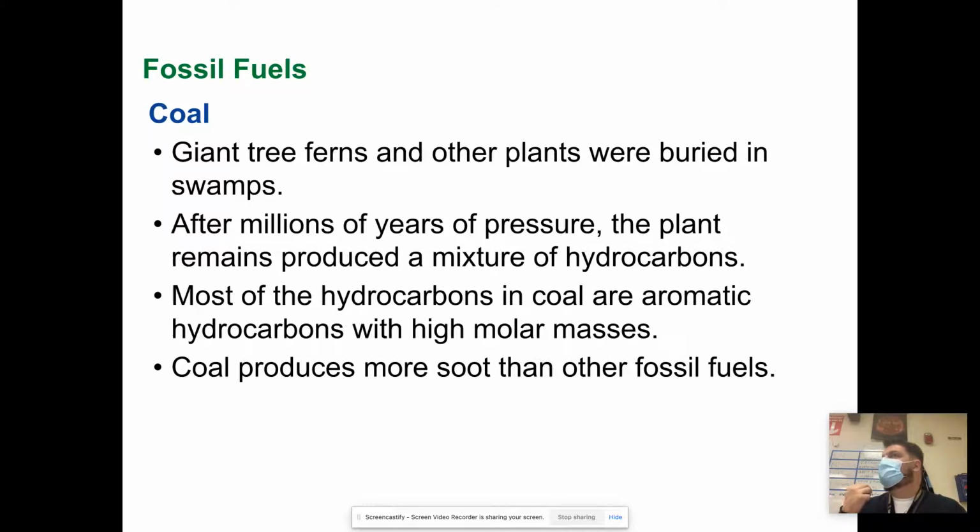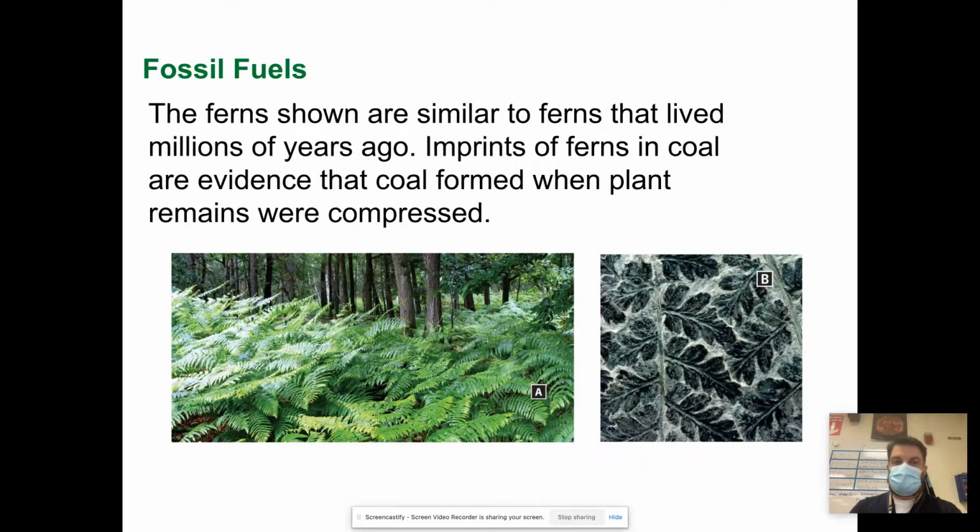Now, charcoal produces the most soot because it doesn't burn clean. As we move through these, some of them burn cleaner than others. What that means is the carbon is left over. Soot has carbon in it. On some of these, when it goes through the oxidation or combustion process, all of the materials are used up. But with coal, there's a little bit of carbon that remains, okay? And we call it soot.